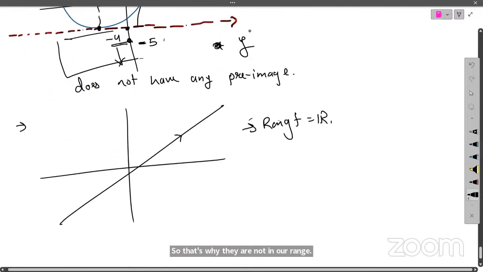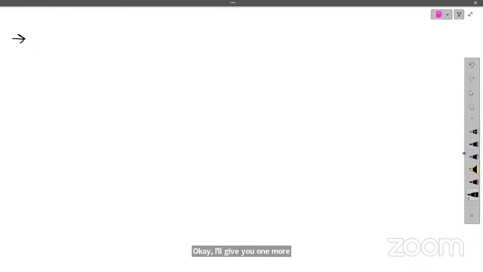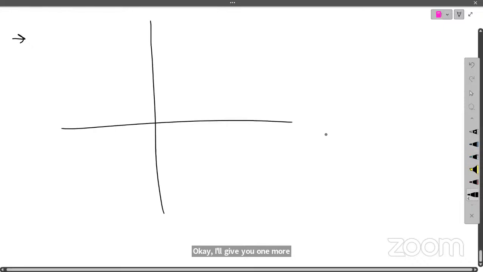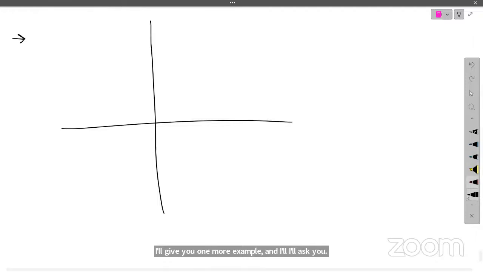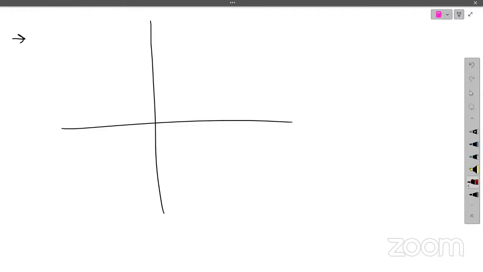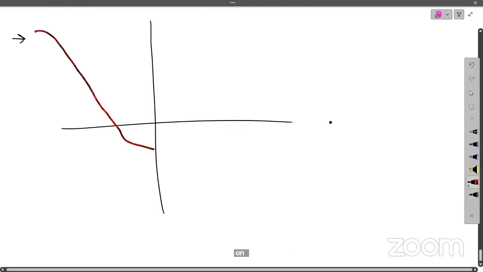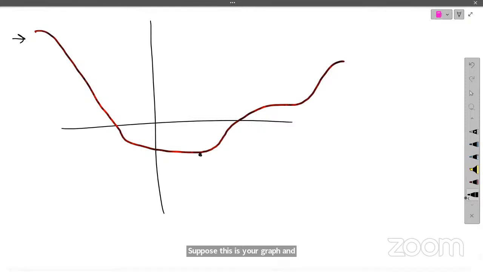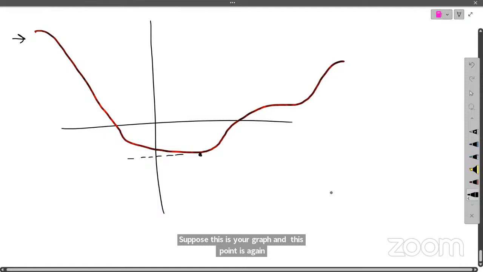Okay. I'll give you one more example and I'll ask you, via the graph, can you judge 2 to 3 properties of a function or not? Let me see. Suppose this is your graph, and this point is, let's say, -5.